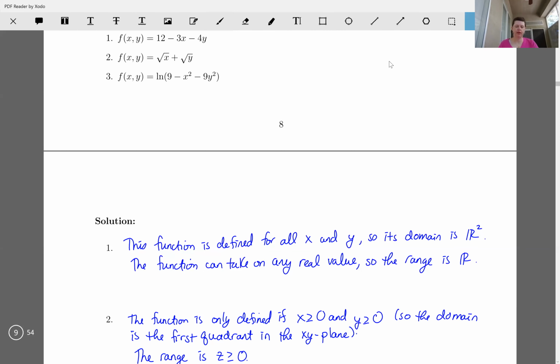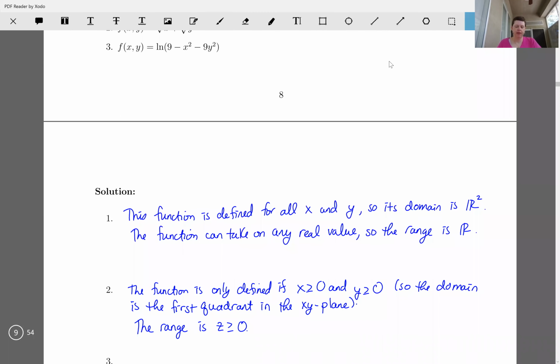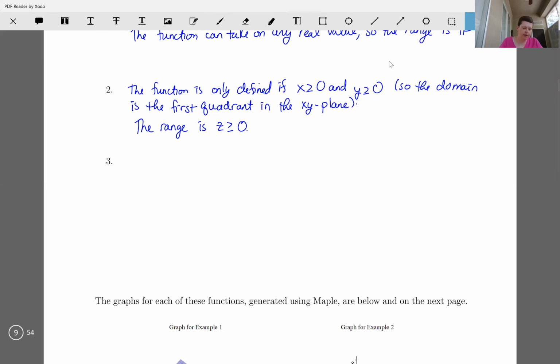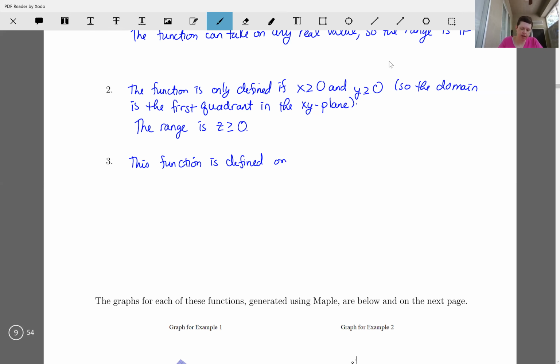Okay, for that third example, we have the natural log of the quantity 9 minus x squared minus 9y squared. So first of all, we know we can only take the logarithm of a positive quantity. So this function is going to be defined only if 9 minus x squared minus 9y squared is positive, or in other words, we can write this as x squared over 9 plus y squared is less than 1.